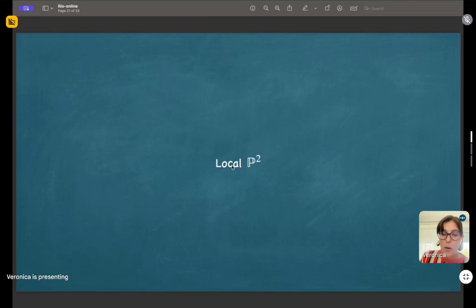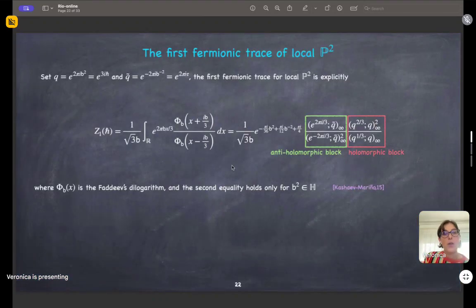And so now let's see the example of local P2 in a bit more detail. The first fermionic spectral trace has this very nice expression that has been computed by Cassia, Grassi, and Marino. And in fact, even for other Calabi-Yau toric threefolds, this integral structure is quite similar.